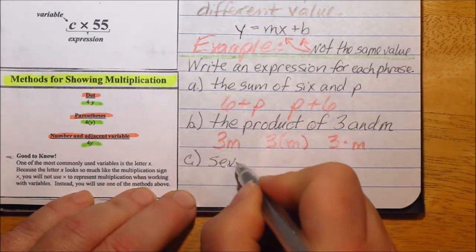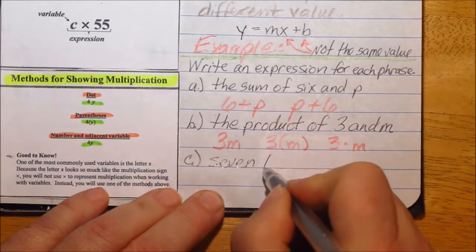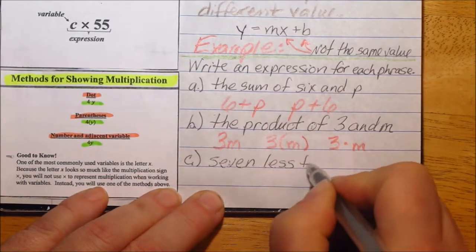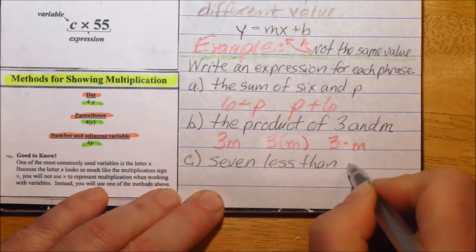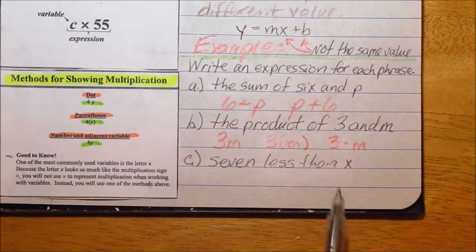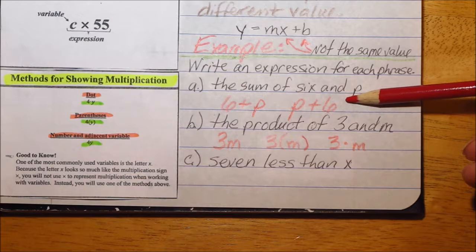All right, last one, let's do 7 less than x. All right, now let's remember that less than is telling us this is going to be a subtraction problem, but the thing we need to pay particular attention to is order most certainly does matter when we're talking about subtraction, as it does with division. All right, so there's only one way I can write this, unlike this one where I could write it both ways.